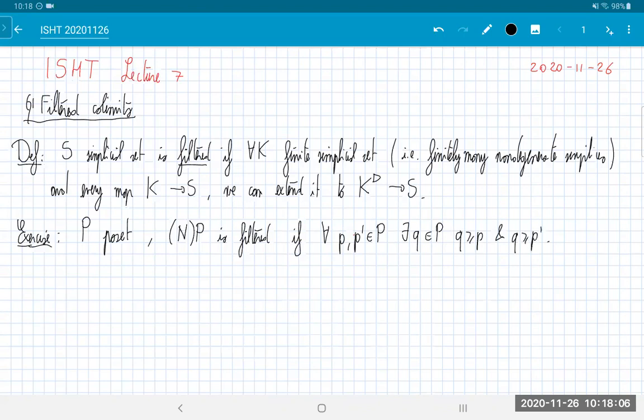So that's actually the intuition you should have. In particular, as an example, and in fact it's pretty much the main example we're going to use, the natural numbers with the standard order and the integers with the standard order are filtered.